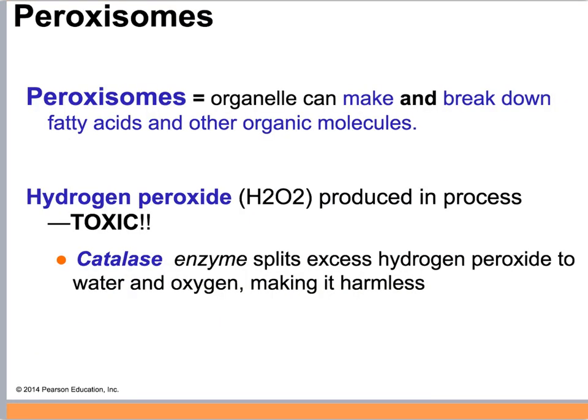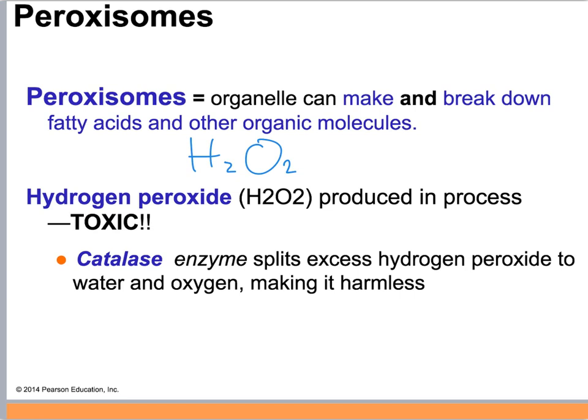Another organelle we'll talk about is referred to as the peroxisome. Peroxisomes are important structures inside the cell that, similarly to lysosomes, break things down, but what they break down are fatty acids and other organic molecules. They have that specific job. As a result of breaking down fatty acids, hydrogen peroxide can be produced. Again, the formatting is a little funny here. It should be H2O2 like that. And hydrogen peroxide can be very toxic to cells.